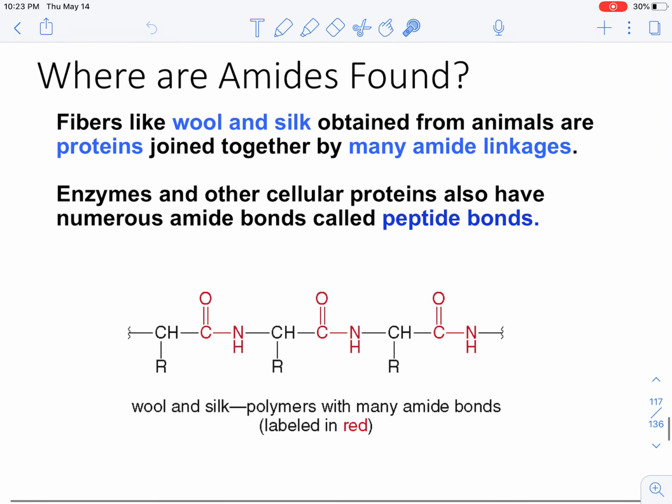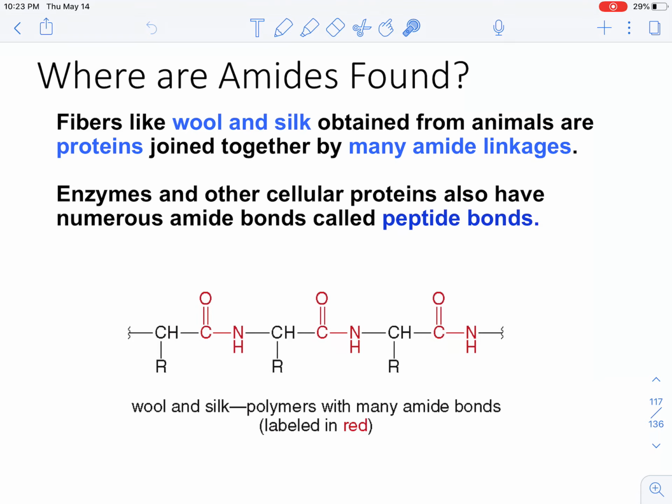All right, so amides are also found in macromolecules such as proteins. When you guys study proteins in your biology class, you have these different levels of protein structure: primary structure, secondary structure, tertiary structure, quaternary structure.